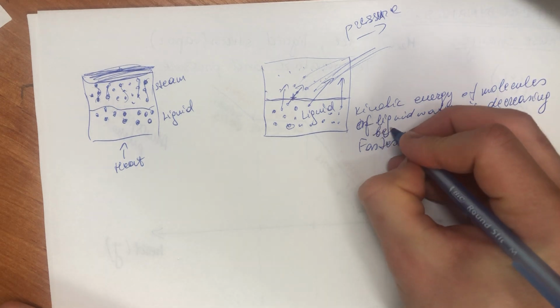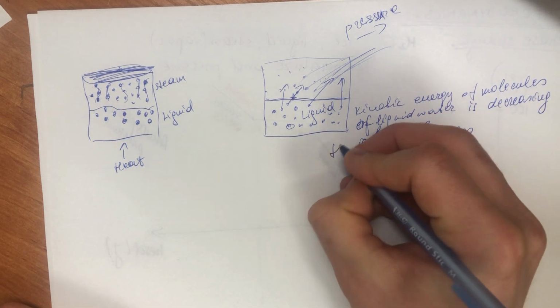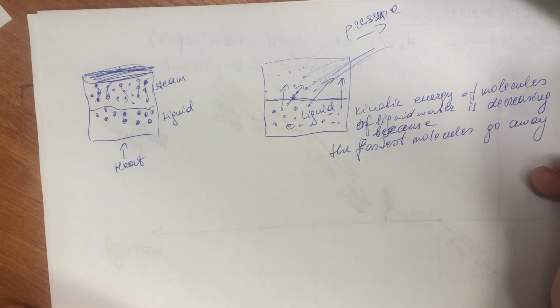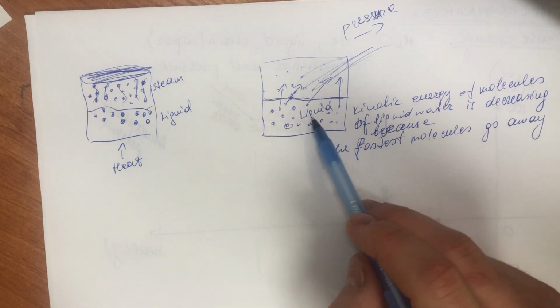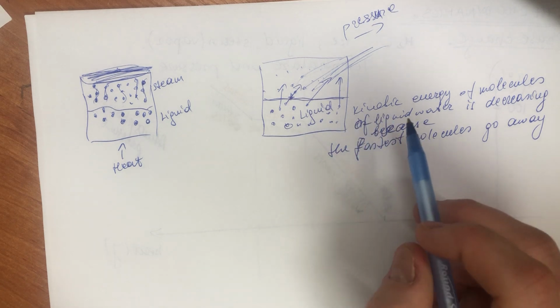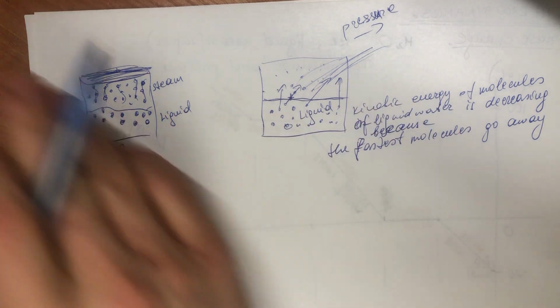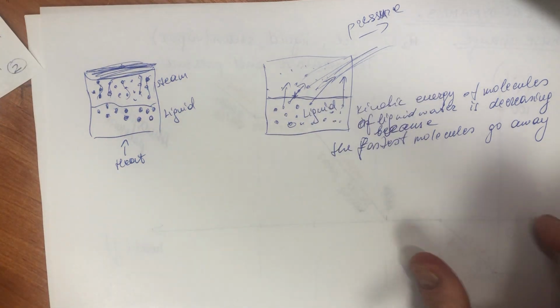That means the liquid turns to ice at room temperature. So if pressure is decreased, this occurs at room temperature. Keep in mind that not only temperature affects phase change, but also the pressure.